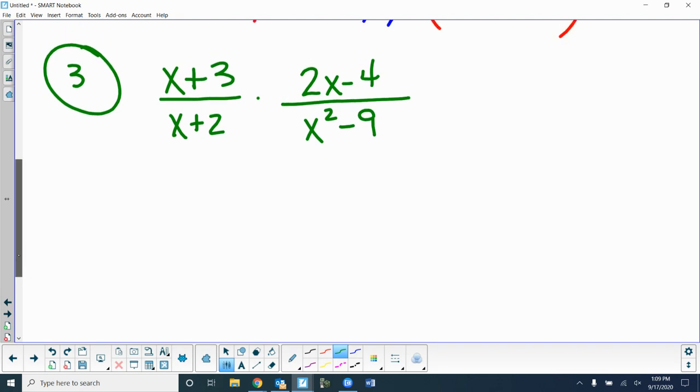So that would be x plus 3 and x minus 3. And you can cancel. Let's slow down for a second. That's right, that's a difference of squares. These two couldn't factor. All right. Anything else I can factor? 2x minus 4. Yeah, the 2x minus 4. What's the GCF? 2.